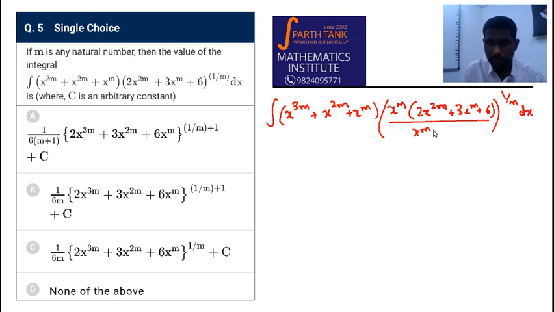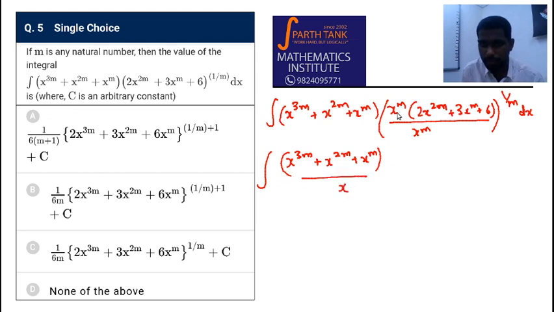Now the numerator, and this x to the power m to the power 1 by m becomes just x. Let us use that to divide these three terms. This x to the power m to the power 1 by m is just x. Put it here and see what happens here within. This becomes 2x to the power 3m, 3x to the power 2m, 6x to the power m.